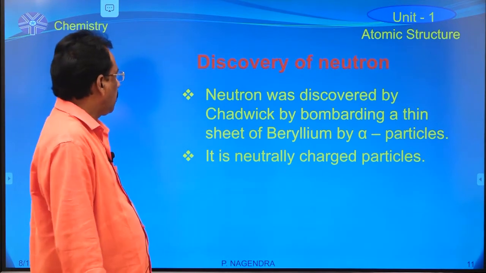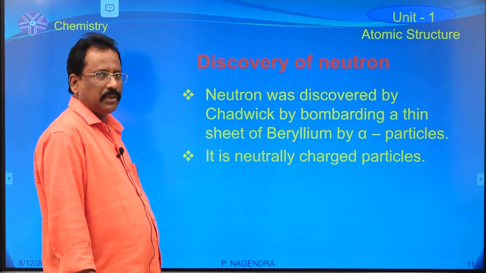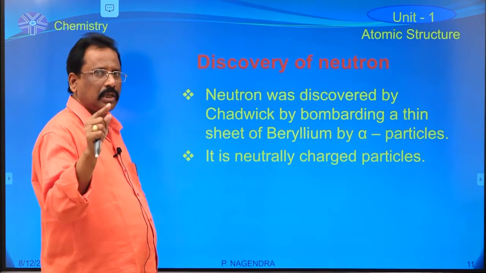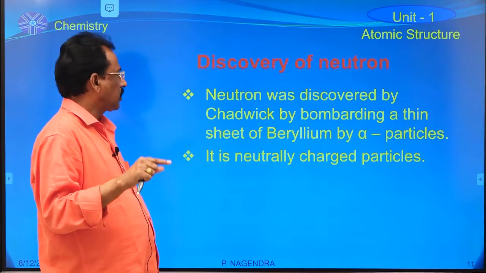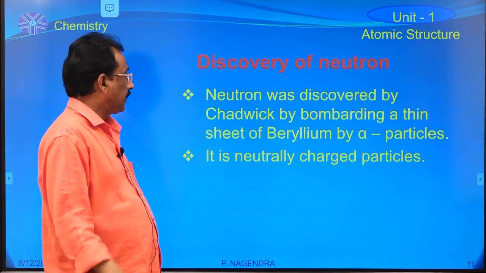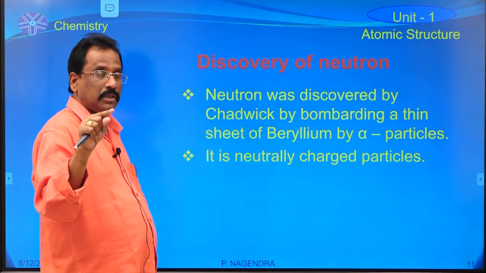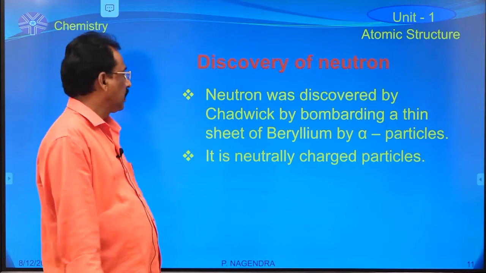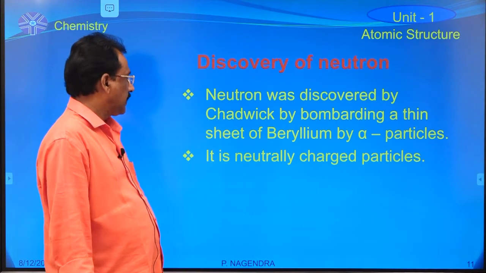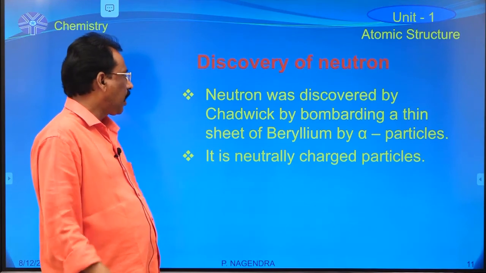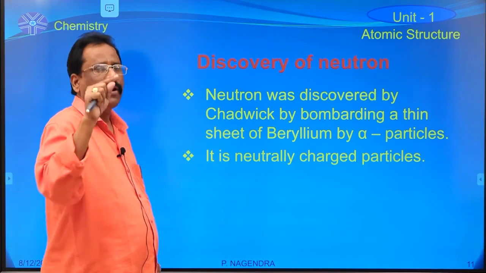Now the third fundamental particle present in an atom is neutron. It is a neutrally charged particle. That's why its discovery became too late. The existence of the neutrally charged particle was predicted by J.J. Thomson, but it was discovered by James Chadwick by bombardment with alpha particles.